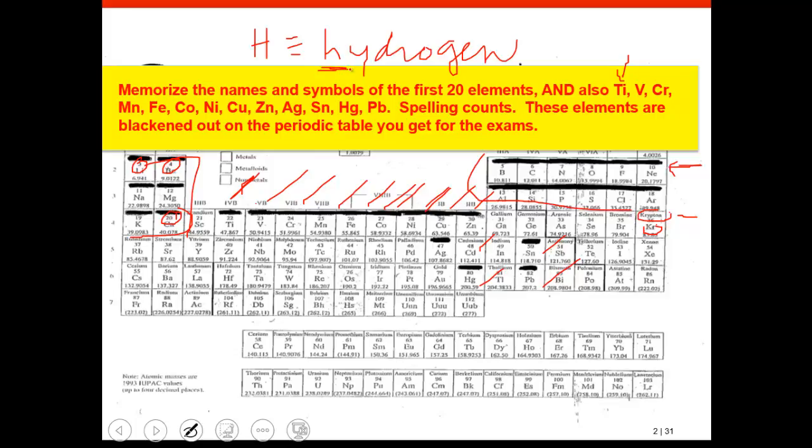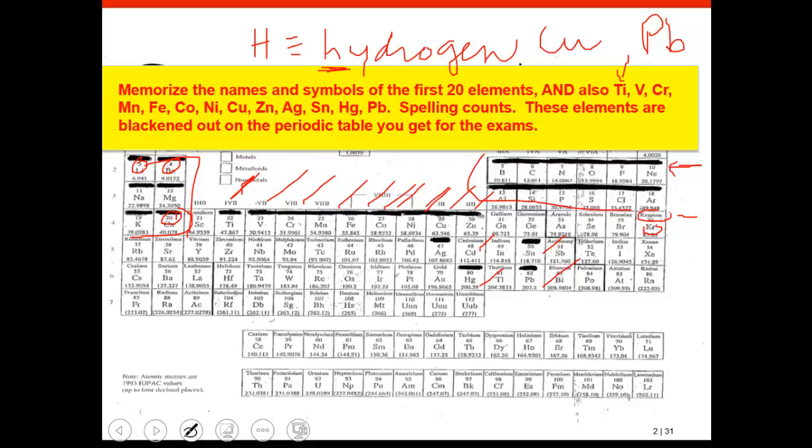It's usually the first letter in their name or the first couple of letters in their name. Some of them won't be, though. For example, copper is Cu, not Co, because it's from cuprium, the Latin word for copper. And lead is Pb from plumbum, again the Latin word for lead.